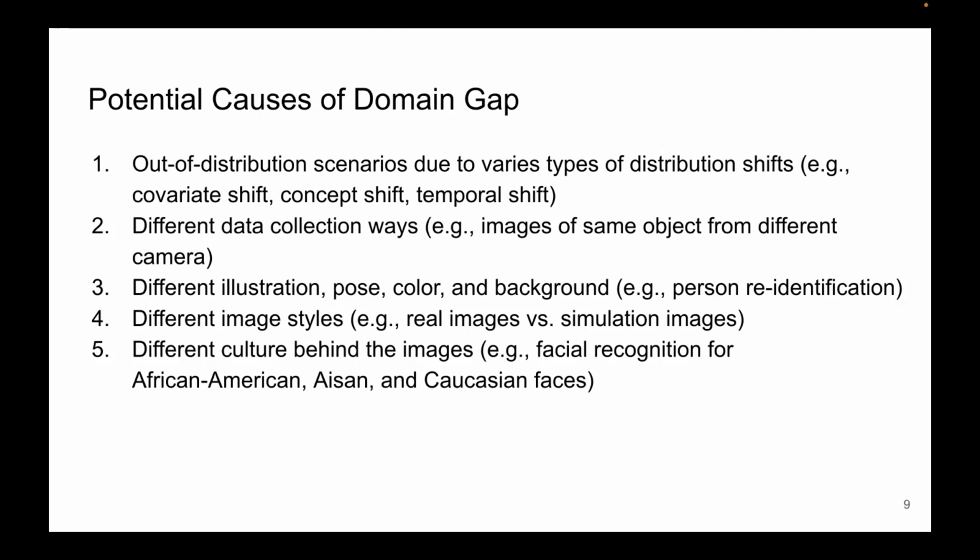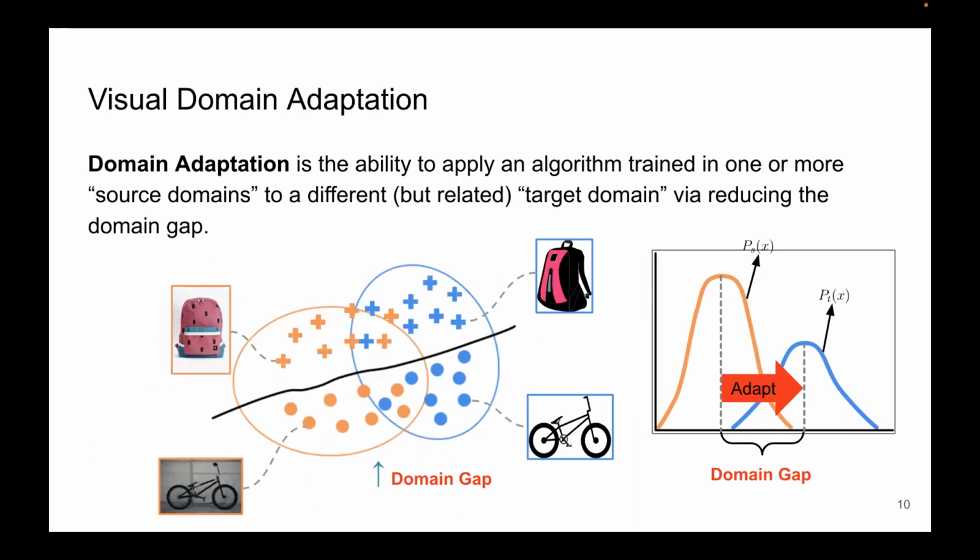Then the research question is, how could we address this domain gap and how to improve the model training? That's the major motivation for visual domain adaptation. The key is that we should be able to develop a better algorithm by training the model in one or more source domains and part of the target domain in order to reduce domain gap and, most importantly, to improve the model's performance in target domain.